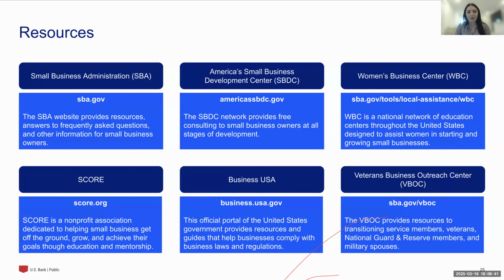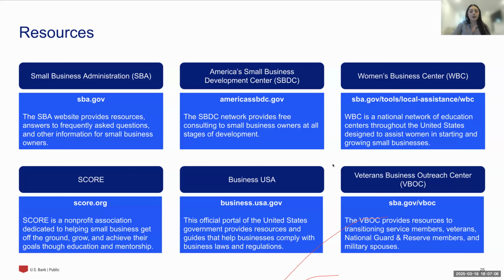That's just an example. SCORE is an organization that helps with business planning. And banks also offer that, but they do a really good job going in depth. There's Business USA, and then there is the Veterans Business Outreach Center. So this is just some information for you guys to have.